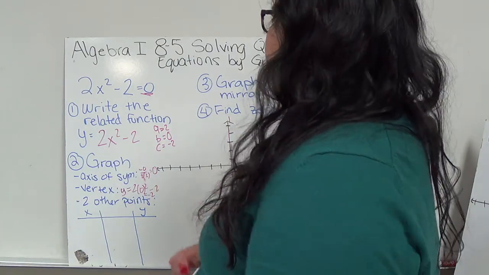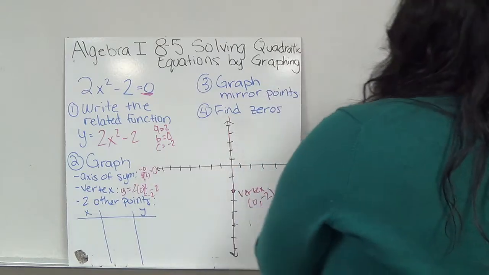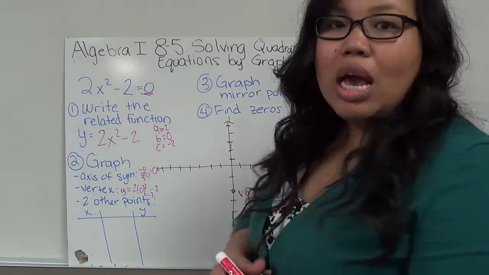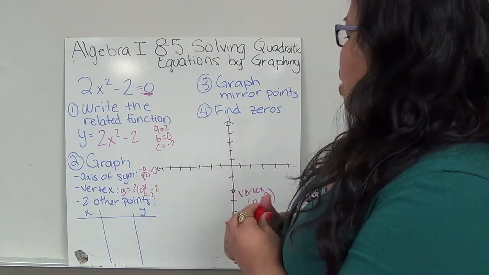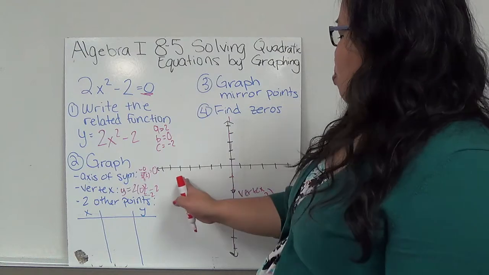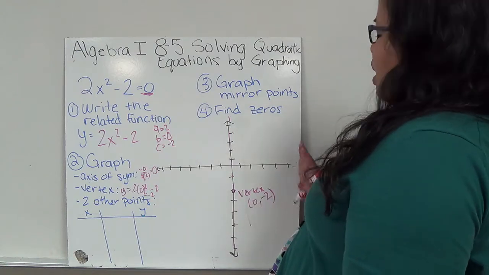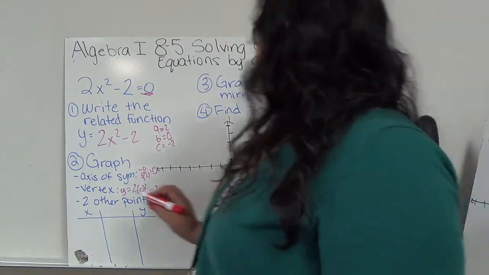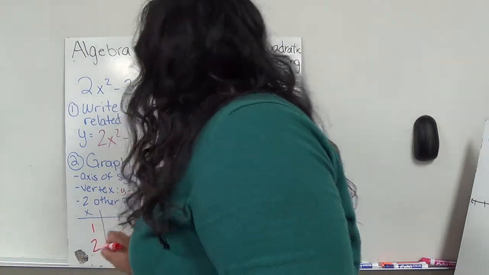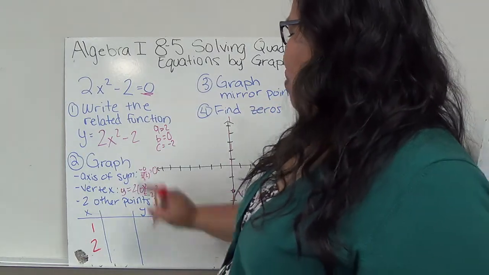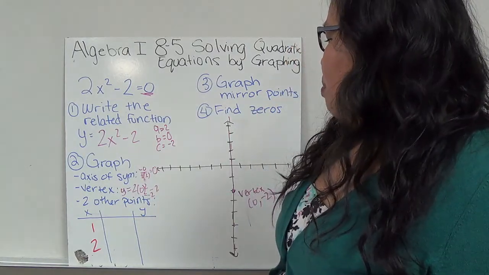Now, the next step is a little bit different because I'm trying to be more exact than last section. I'm going to find any 2 numbers on one side, and then I'm going to mirror them, so that's a total of 4 points. I'm going to put in 1 and 2. I can use any numbers except where my axis of symmetry is, because I've already found that one; it's my vertex.